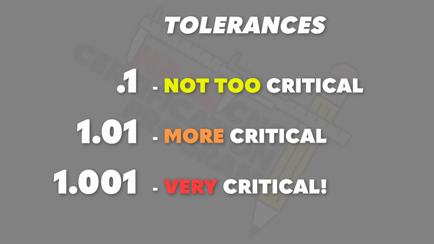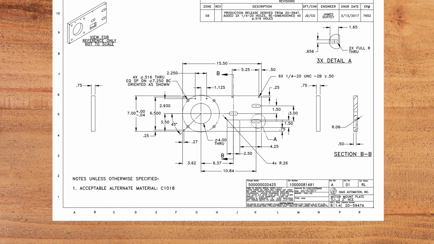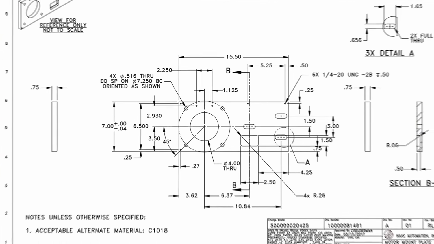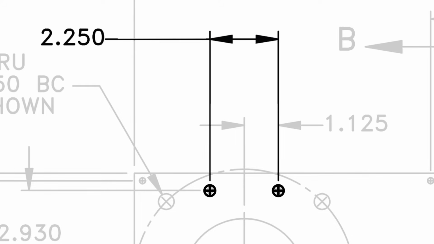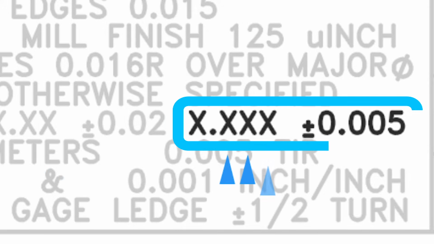We know that more digits after the decimal point means the feature needs to be held to a tighter or more accurate tolerance. This dimension says this hole needs to be 2.250 inches from this other hole. Because it's a 3-place decimal, we know that this feature must be 2.250 from this hole, plus or minus 5 thousandths.